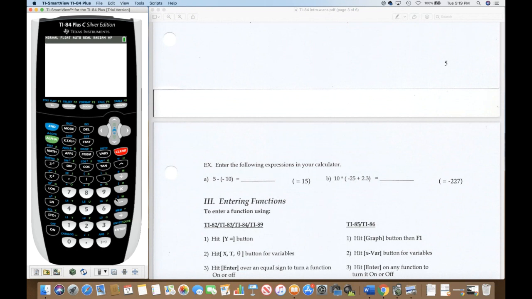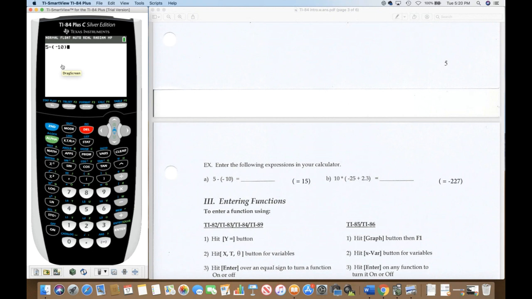So 5, subtract there on the right-hand side, parentheses, negative at the bottom of the keyboard, 10, and parentheses. Whoops, I want to get rid of that. I had too many parentheses.